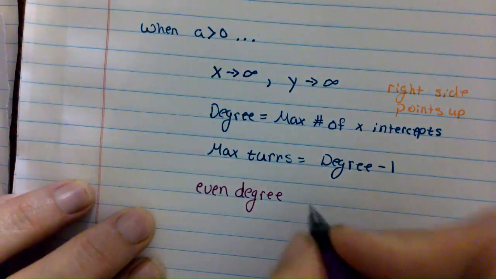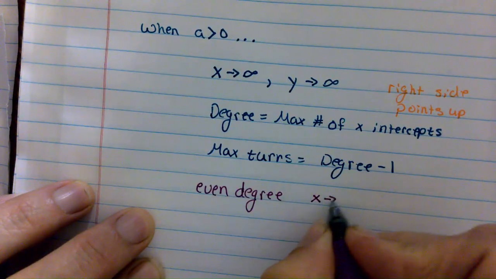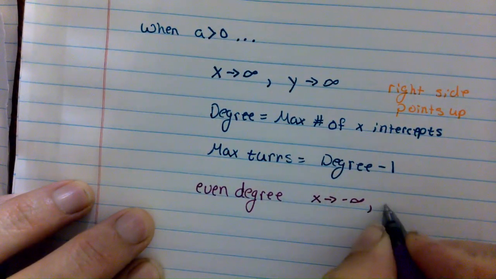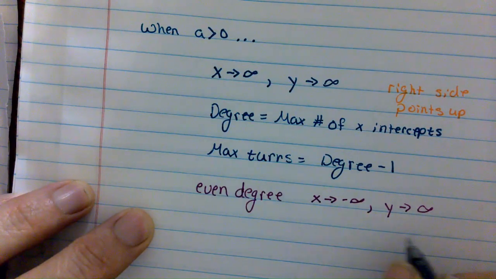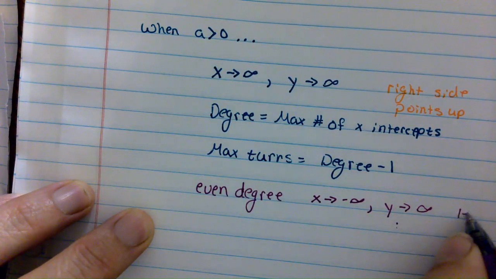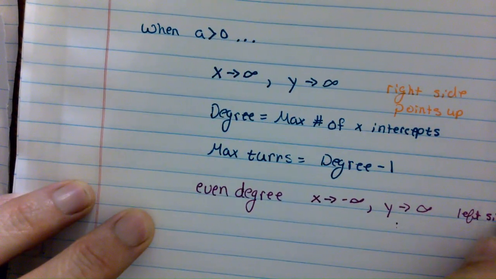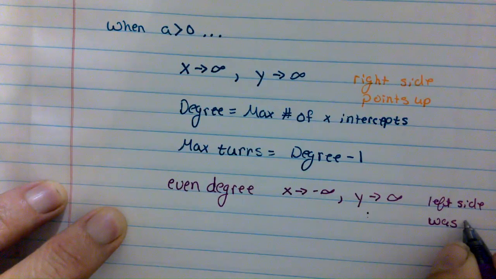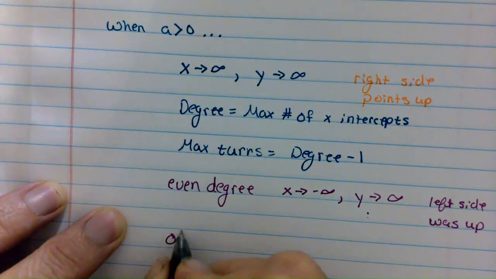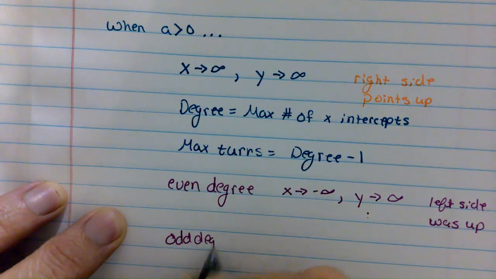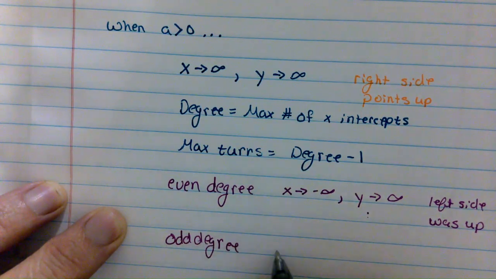When x approaches negative infinity, y still went up. The left side was up. For an odd degree, the left side went down, right? So as x went left, y went down.